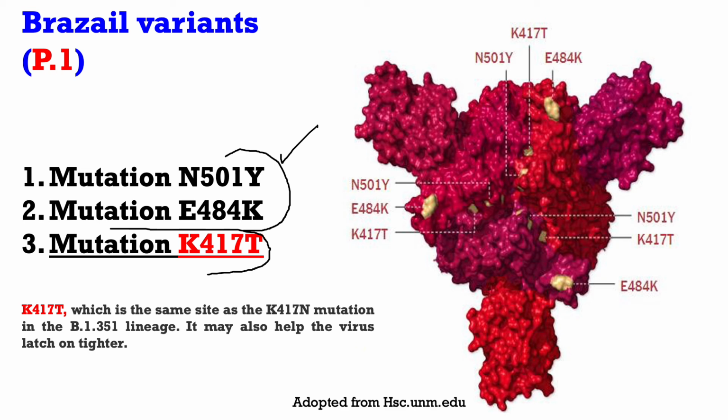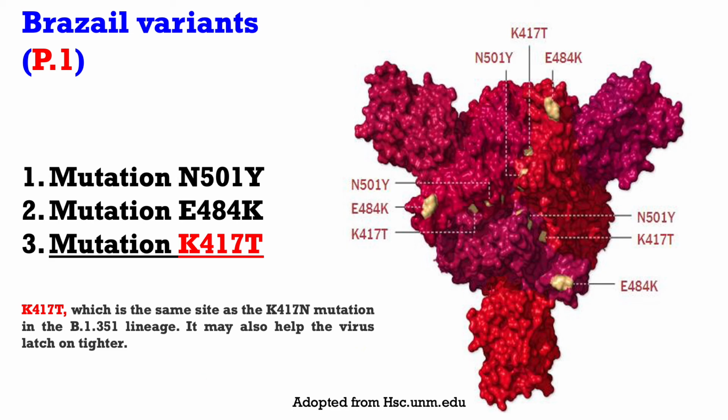A mutation in K417T of coronavirus COVID-19 in the Brazilian variant results in more intimate interaction between the spike protein of coronavirus COVID-19 and the ACE2 receptors, and will result in more virus entering the cells, and it will result in an increase in the transmission of the Brazilian variant of coronavirus COVID-19.